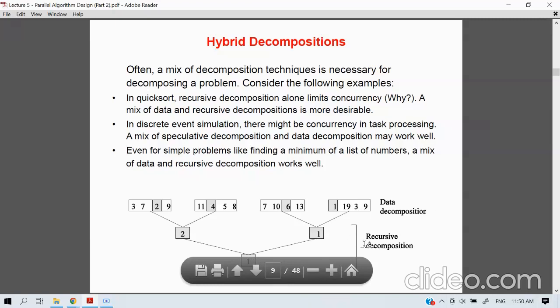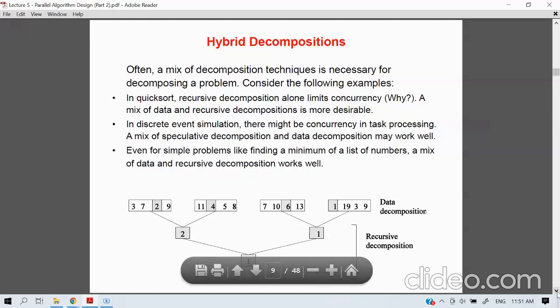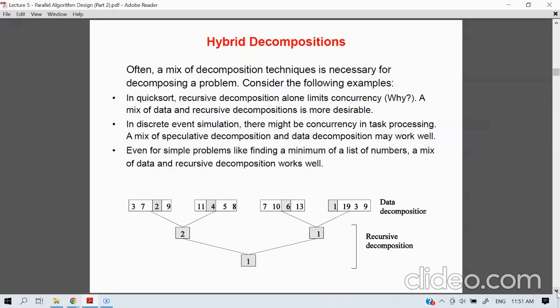We already discussed an example where we can mix data and recursive decomposition in finding the minimal number in a list. For the sake of what? To increase the speedup and the performance, and also to use low memory space.